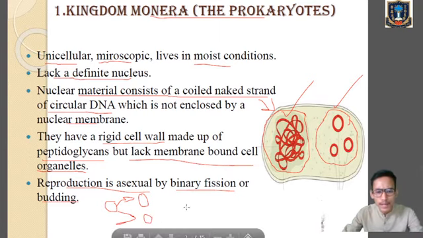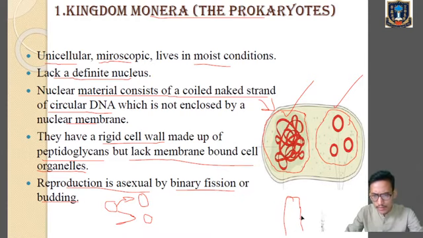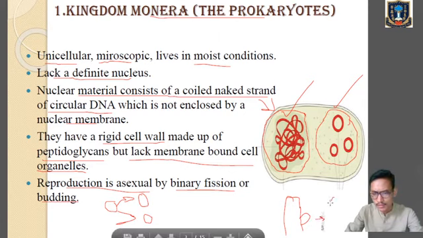Clear? And budding means, suppose this is the parental body. Now, in the parental body, a small bud will arise at one side of the parental body. Now, this bud will start growing in size. Let's make the second diagram. Let's see that the bud is slowly growing in size.